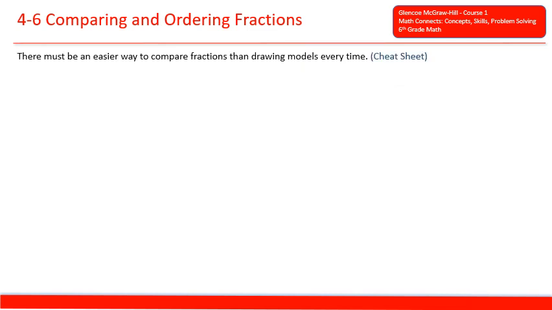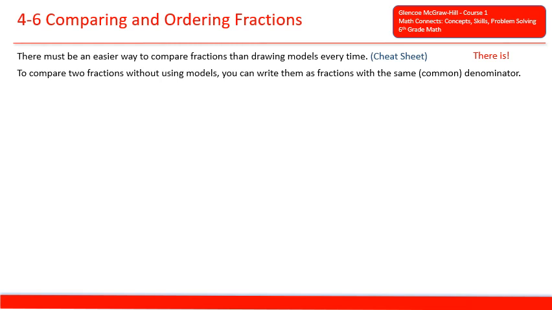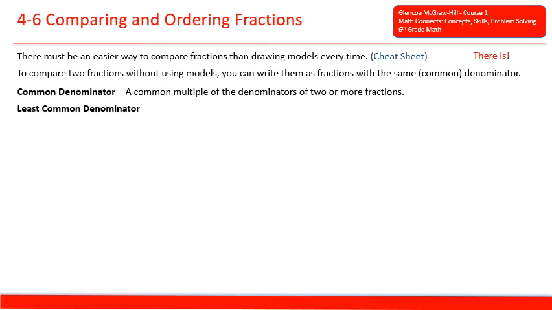There must be an easier way to compare fractions than drawing models every time. There is. To compare two fractions without using models, you can write them as fractions with the same common denominator. So a common denominator is a common multiple, remember those from last class, of the denominators of two or more fractions.